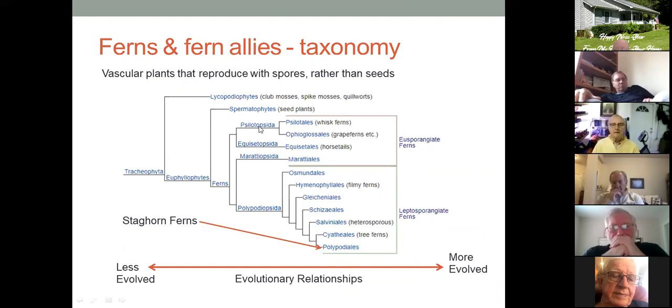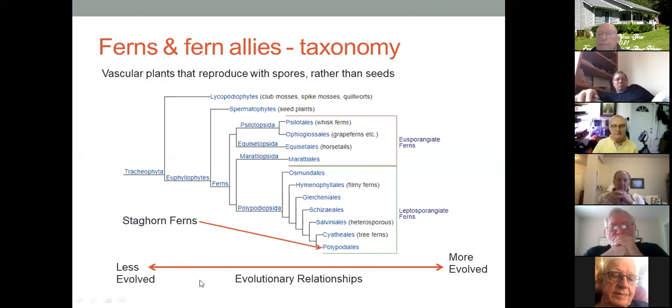And then there's some dispute here, but whisk ferns, grape ferns, and horsetails are usually included in this fern and fern allies collection. And then you can see here the Polypodiopsida is a series of subdivisions all the way down to the Polypodiales, which is where Staghorn ferns reside.